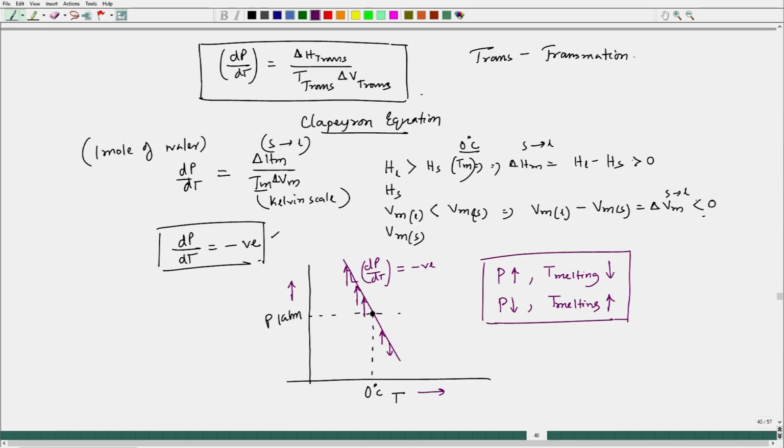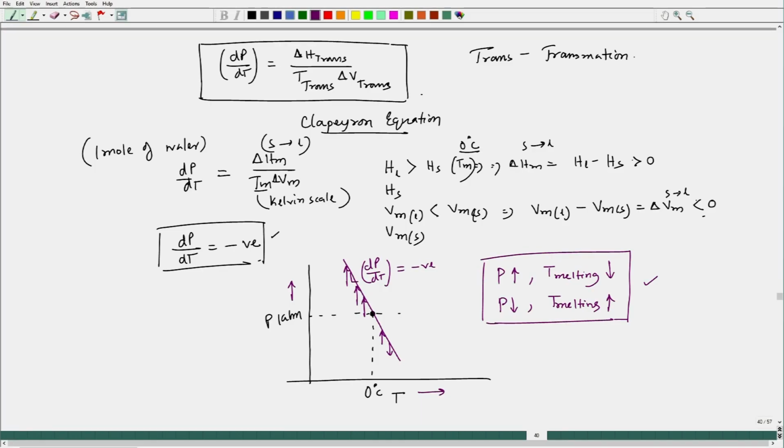In fact, on that basis we can have many examples. Okay. One such example is when you take two ice balls or ice cubes in your hand and press them hard and then release. You will see that two ice cubes will be joined together. Okay. So, that particular joining can be explained through this consideration.